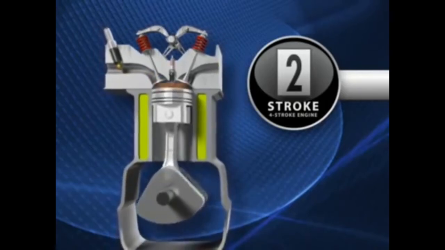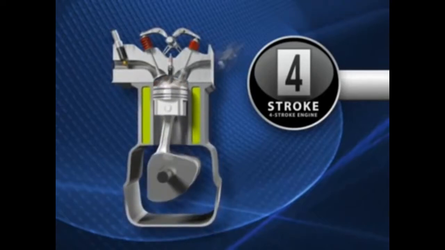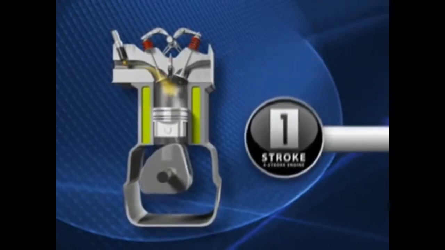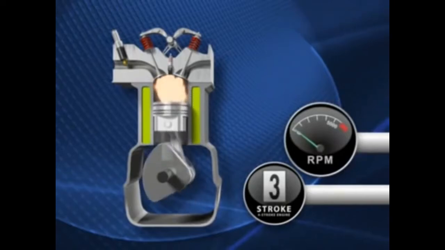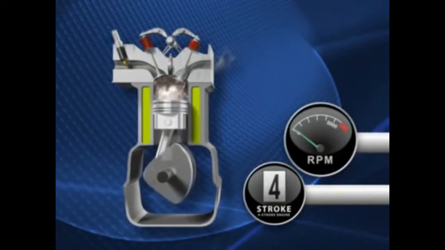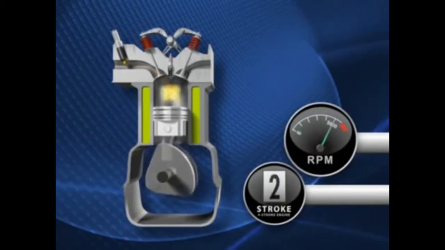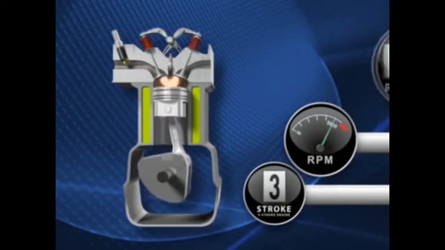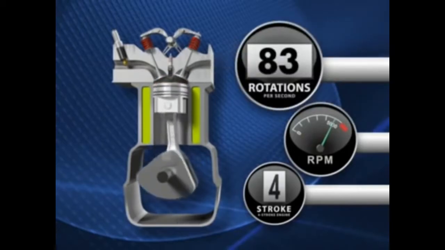It takes 1 up and down motion or 2 strokes of the piston to create 1 revolution of the crankshaft. RPMs, or revolutions per minute, is how many times the crankshaft rotates within that minute. At wide open throttle, the crankshaft may turn at 5,000 RPMs, or a dizzyingly 83 times per second.